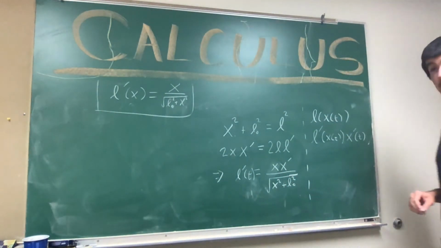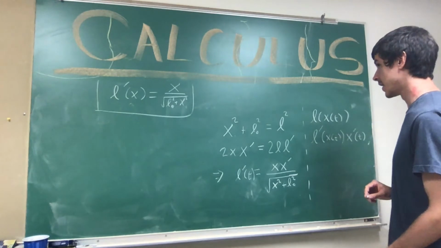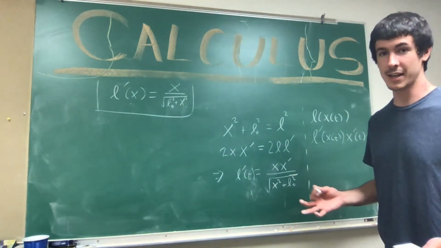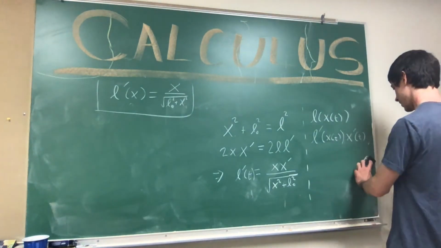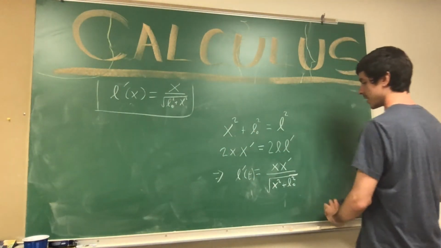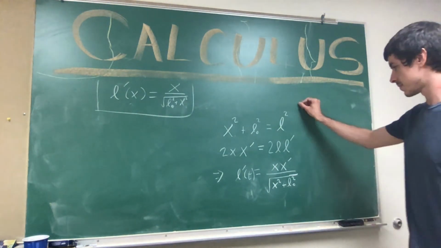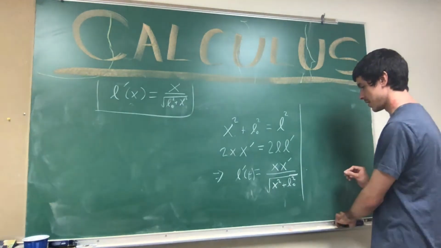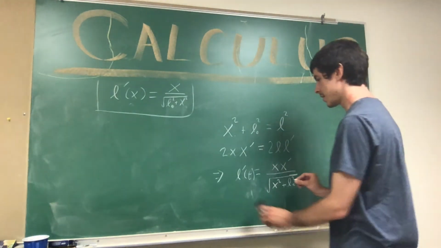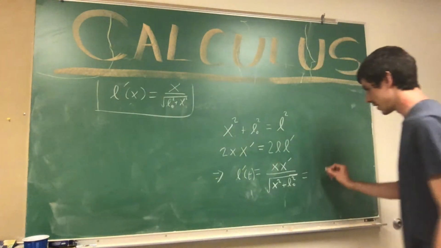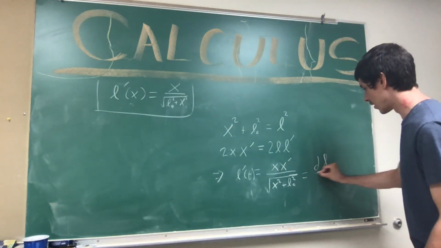So the notation that's usually used for this is the Leibniz notation, which has infinitesimals implied in it, but we're, of course, not building up this whole class in terms of infinitesimals. But the way that the Leibniz notation works is we would call this right here, instead of just calling it L prime of t, we would call it dL over dt.